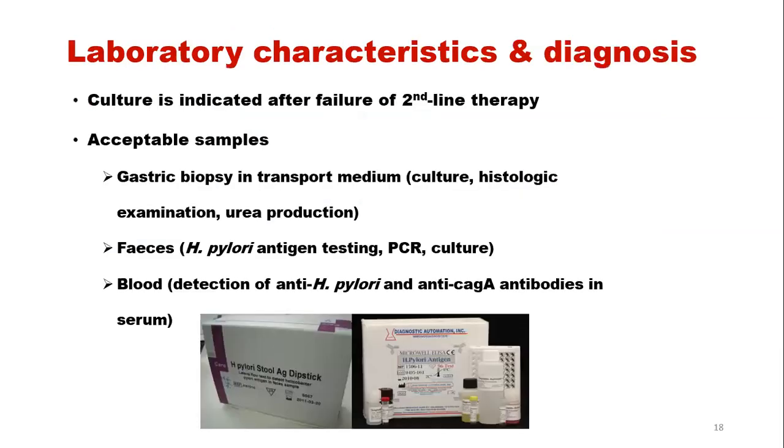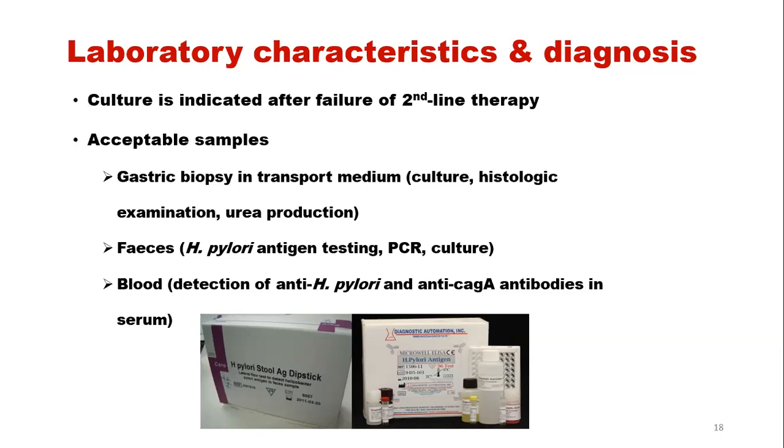And when we decide to evaluate the sample in the laboratory, what are the characteristics that we are interested in to make a diagnosis? Culture is not your first line of management. Culture for this organism is indicated after failure of second-line therapy.